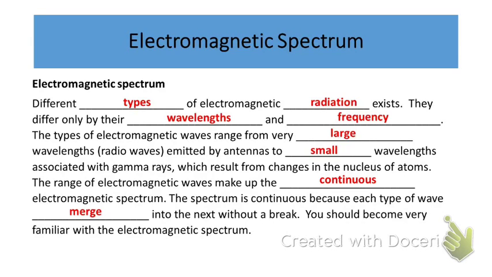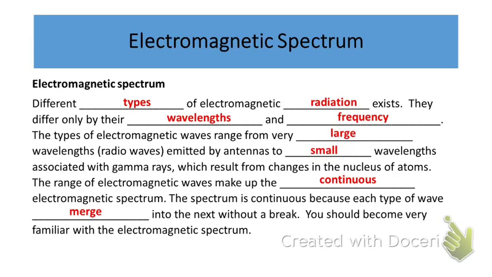So different types of electromagnetic radiation exist. They differ only by their wavelengths and frequencies. The types of electromagnetic waves range from very large wavelengths, which would be radio waves, that are emitted by antennas, to small wavelengths associated with what are known as gamma rays, which result from changes in the nucleus of atoms.